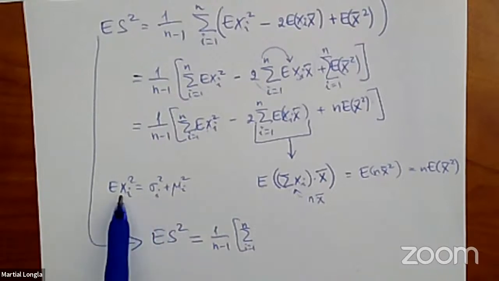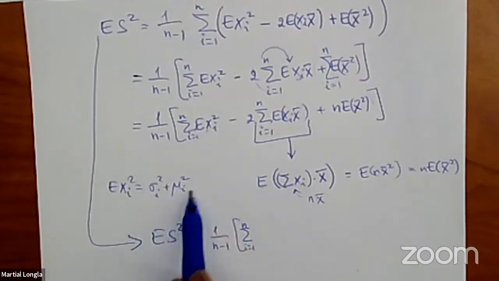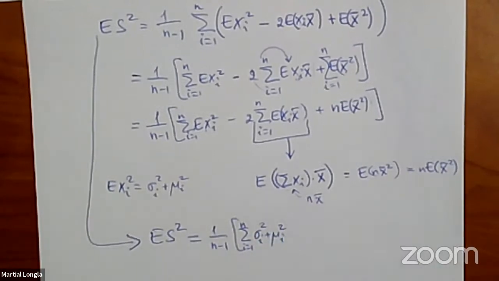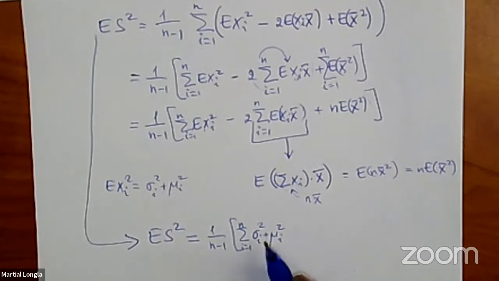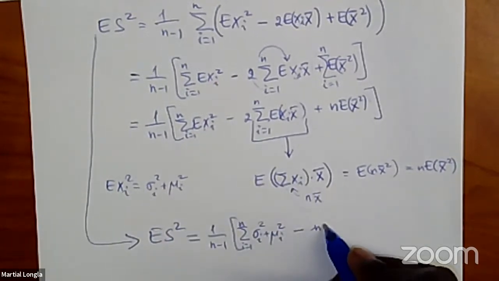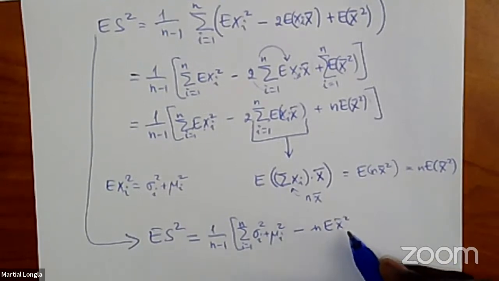Because the variance is equal to the expected value of the square minus the square of the mean. So that's sigma_i squared plus mu_i squared, minus n times the expected value of x bar squared.